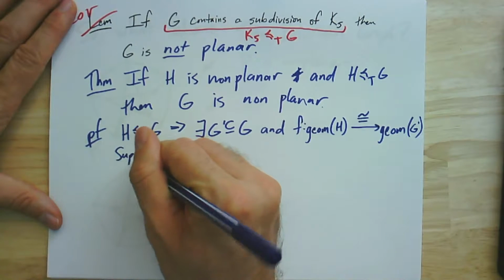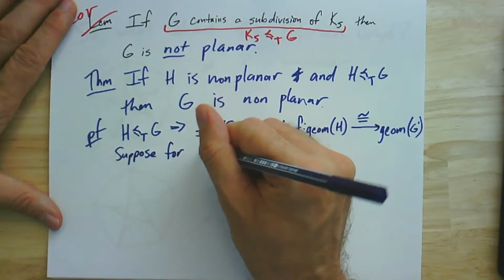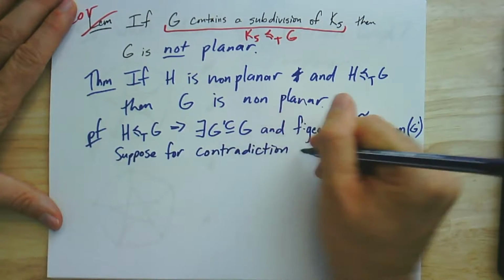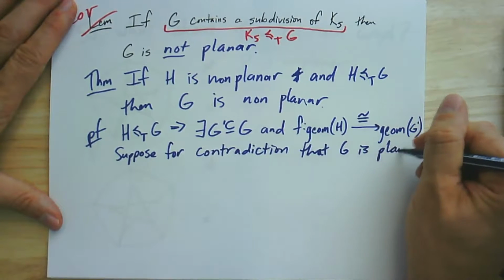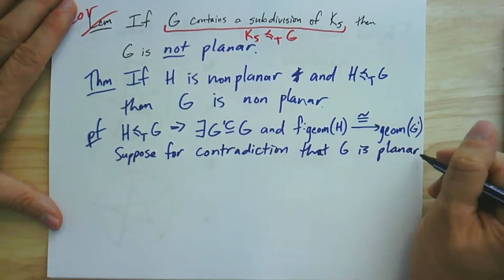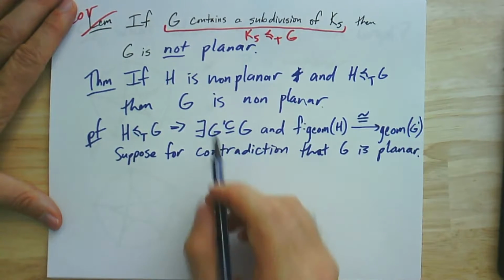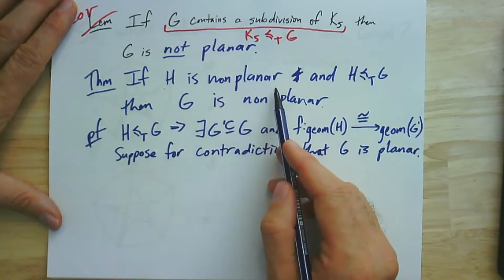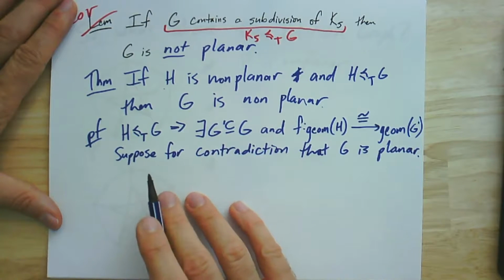Suppose for contradiction that G is planar. If we could prove that H must also be planar, then we would have a contradiction because we assumed, that's the hypothesis of this theorem, that H is not planar. And so that's the pattern we're going to go with.